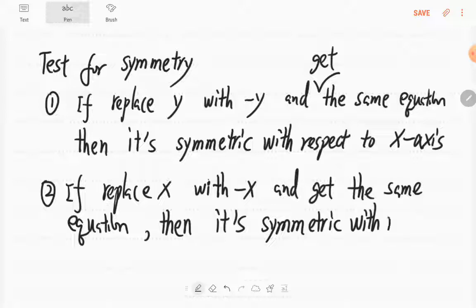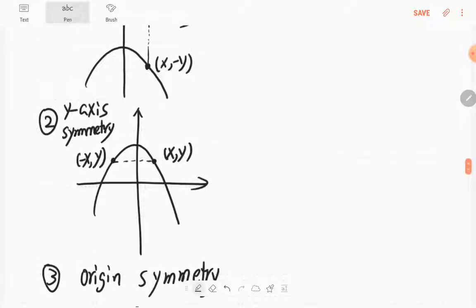Right? So that we don't change y. So that means if (x, y) is on the graph, then (-x, y) is also on the graph. So this is y-axis symmetry.